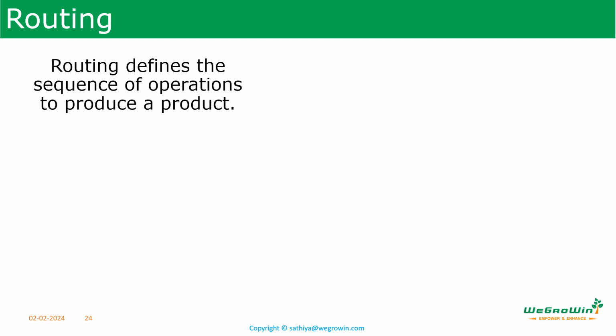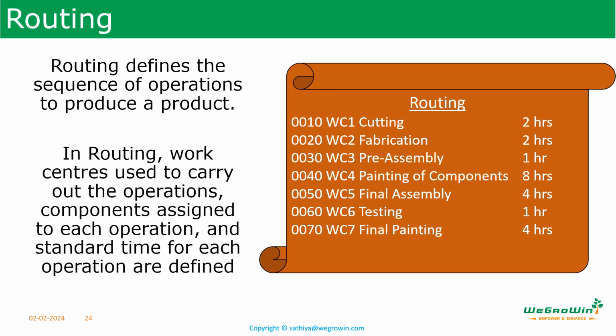Routing is the sequence of logical production processes through which a product will transform from raw material into finished product. The routing defines the operations, that is the sequence of activities to be performed, and also where the work will be performed, that is the work center, how long the work will take, that is the standard time, what materials or components will be used for the operation, and whether any special tools, jigs, etc. will be used, that is the production resource tools.